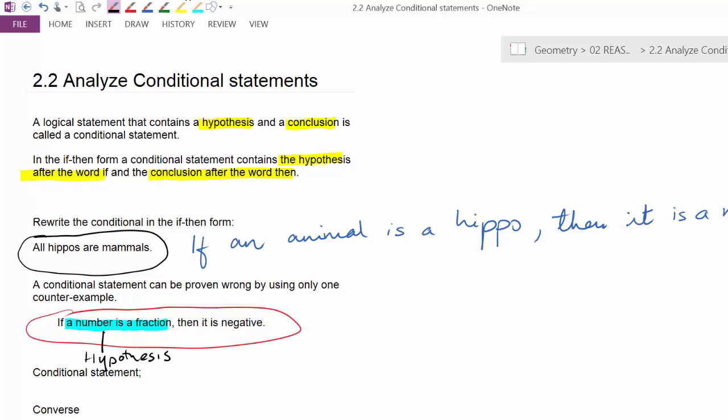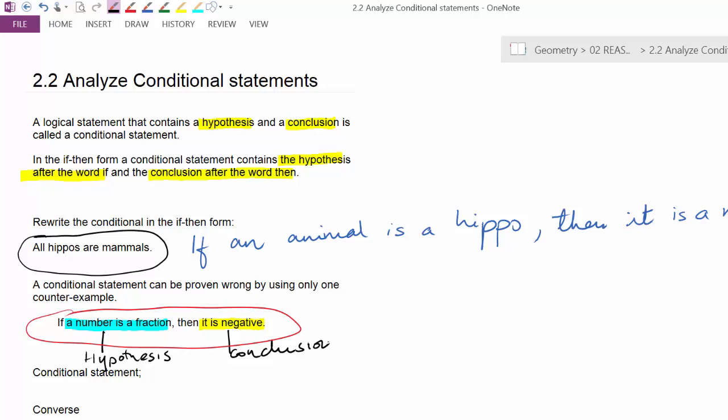And the words following then form the conclusion. In the statement, if a number is a fraction, then it is negative, the hypothesis is a number is a fraction. The conclusion is it is negative.